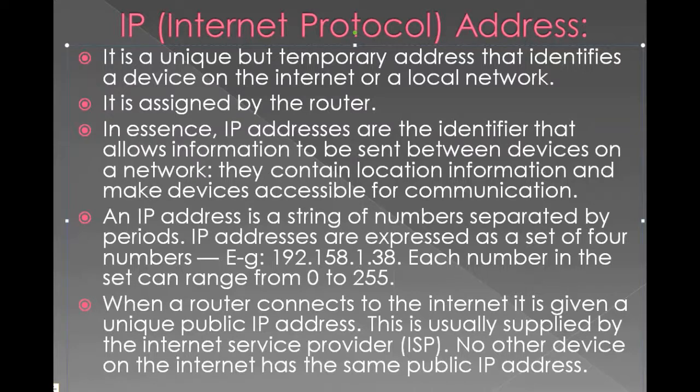Now, whatever IP address you are assigned with, it is unique. It means that at that given moment, that IP address is not being used by any other device on the internet. Okay. Every time you connect to your router or connect to the internet, your IP address changes. That is why it is known as a temporary address.